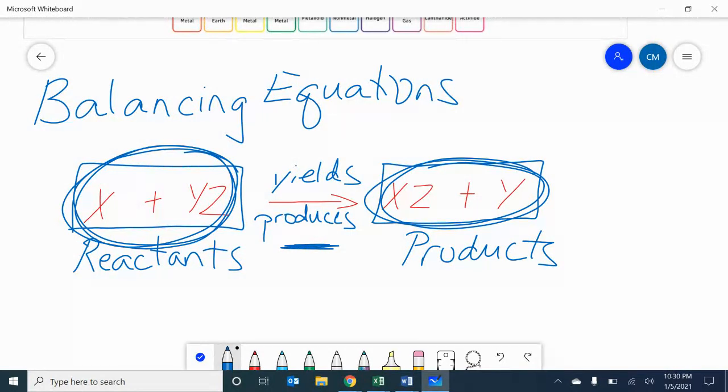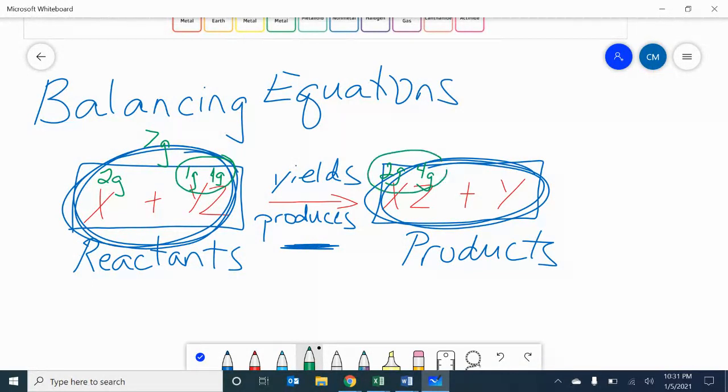Let's say X was 2 grams and Y was 1 gram and Z was 4 grams. Then we're looking at a total of 7 grams, right? 2, 3, 4, 5, 6, 7. We're looking at 7 grams total. Well, on the product side, the X should still be 2 grams. The Z is 4 grams. So this compound right here is 5 grams.